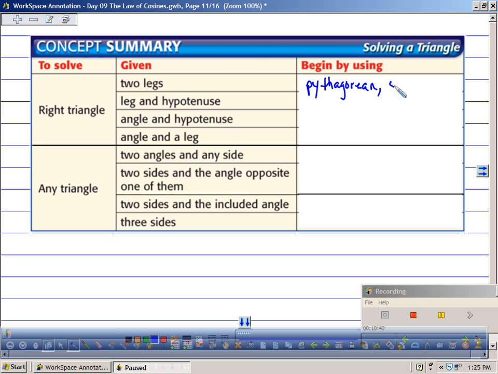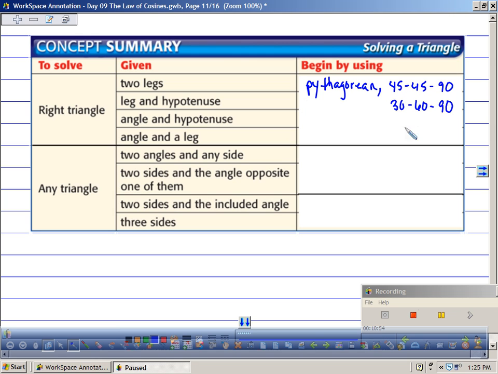If you have a 45, 45, 90, then the hypotenuse is larger by radical 2. If you have a 30, 60, 90, the hypotenuse is larger by 2, and the larger leg is larger by root 3.